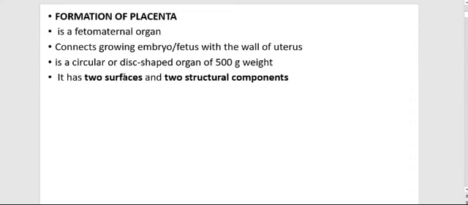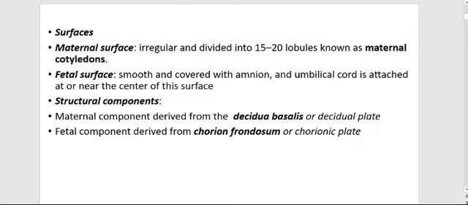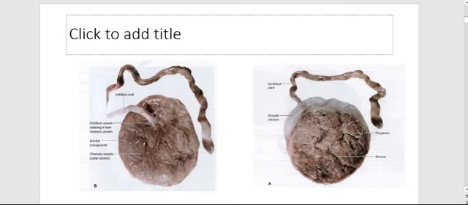We'll describe how each surface, on the maternal side and on the fetal side, looks, and then how the two structural components are formed on either side, the mother and the fetus. Let's start with the maternal surface. How does it look?